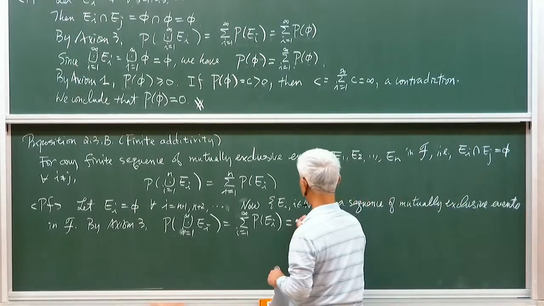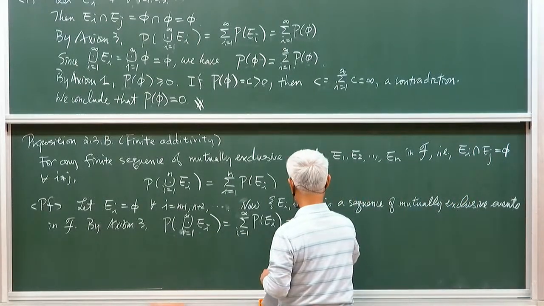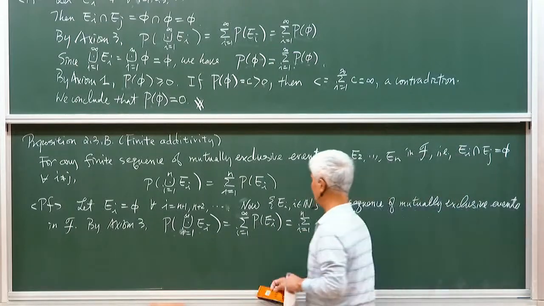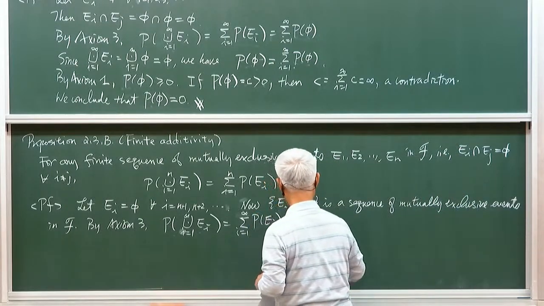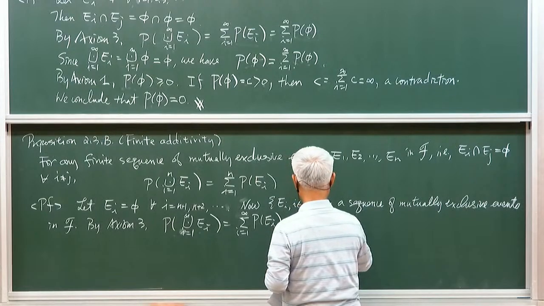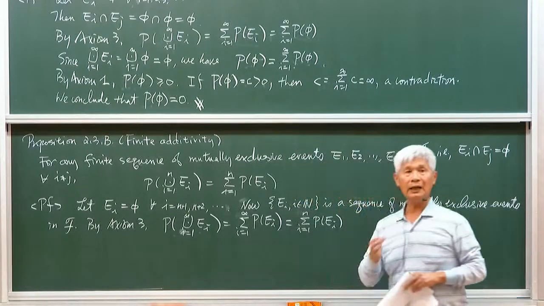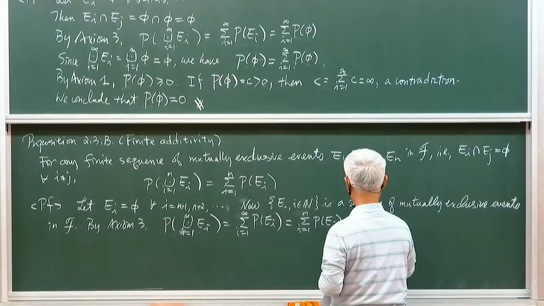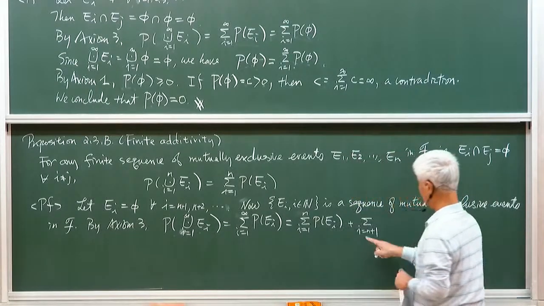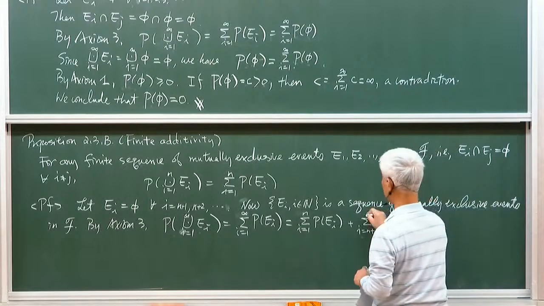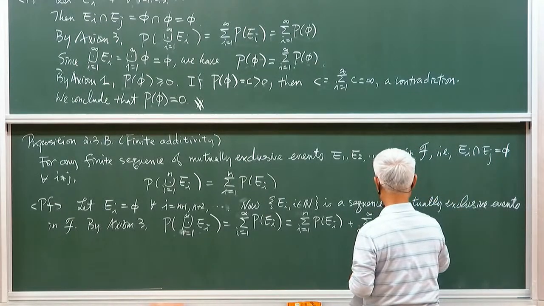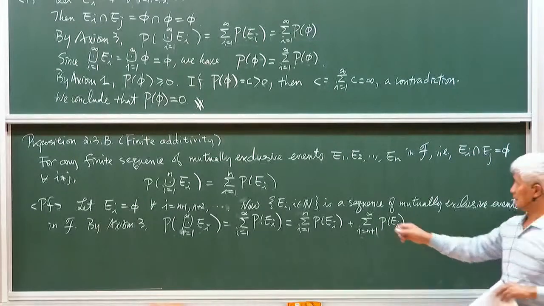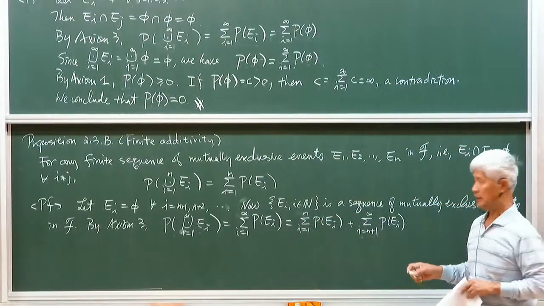Now we split this series sum into two parts. The first part is the summation of the probabilities of the first n events in the sequence. The second part is the sum of P of E sub i from i equals n plus 1 to infinity.